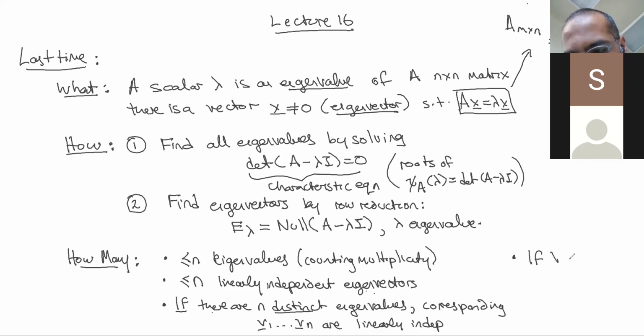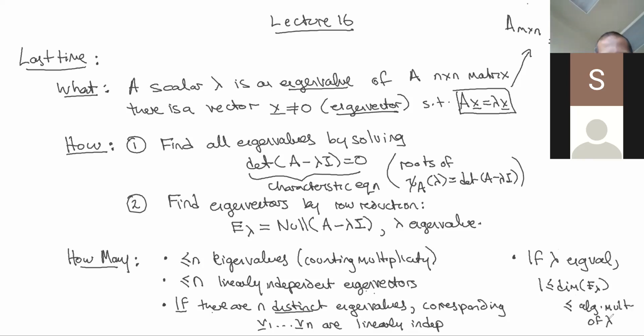If lambda is an eigenvalue, then the dimension of the eigenspace, which measures the number of linearly independent eigenvectors of the eigenvalue, is at most the algebraic multiplicity of lambda. These are some facts about how many solutions we expect to have to this eigenvector equation.